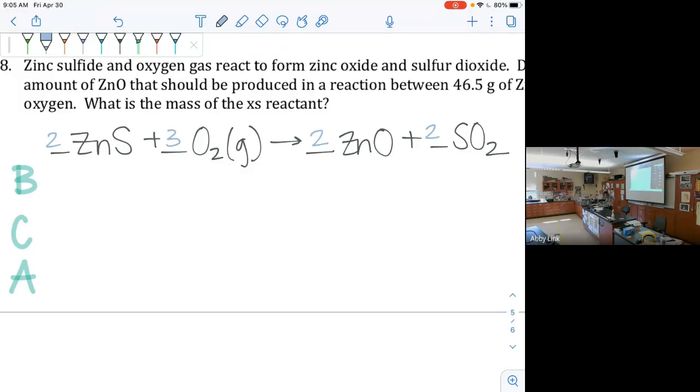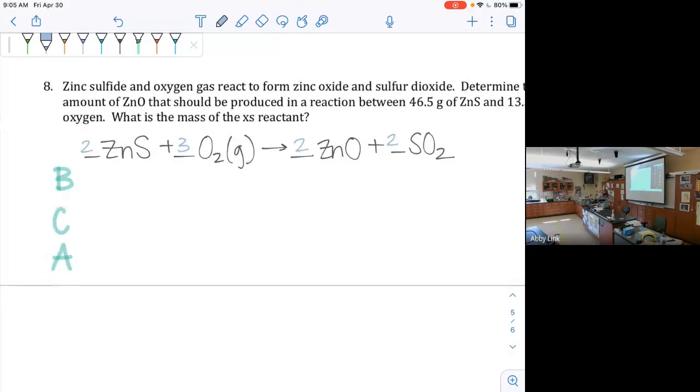I think it's 2, 3, 2, 2. All right, so let's read it. It says, determine the amount of ZnO that should be produced in a reaction with 46.5 grams of ZnS and 13.3 grams of oxygen. What is the mass of the excess reactant?